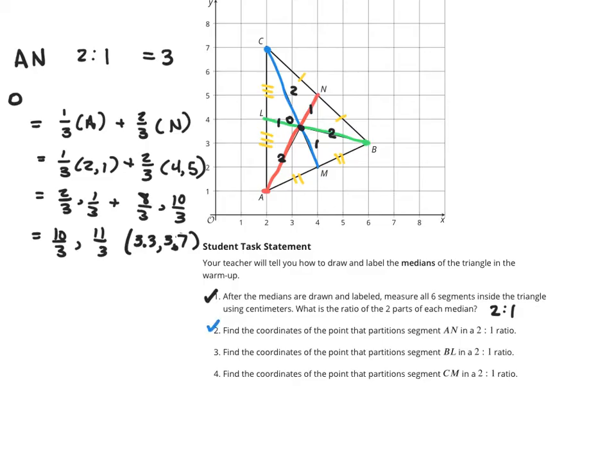Now the next part says to find the coordinates of the point that partitions segment BL in a 2 to 1 ratio. BL goes from there to there. So 2 to 1, that means I want to find point O, which is going to be 1/3 B plus 2/3 L. We're going to do this one and then we'll talk. 1/3 B's ordered pair is (6, 3) plus 2/3 L's ordered pair is (2, 4).